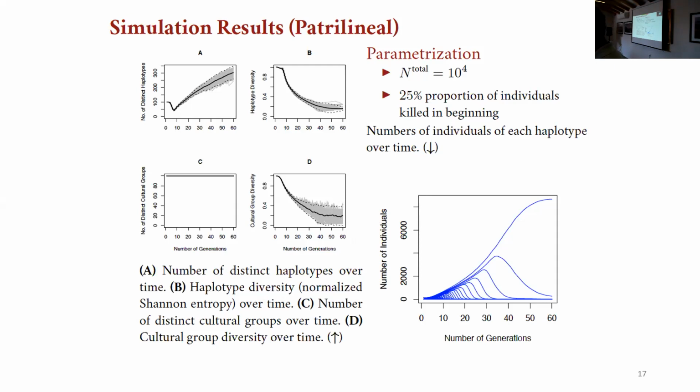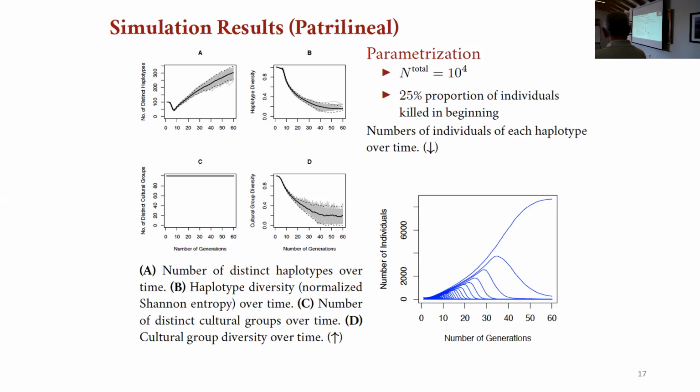So what you see is a massive loss of diversity in the Y chromosome due to the competition between the cultural groups. It's actually based on competition between the culture groups, which eliminates most of the Y chromosome variation. So it doesn't have to do with males and females being imbalanced. It has to do with the cultural competition that is going on in this process.